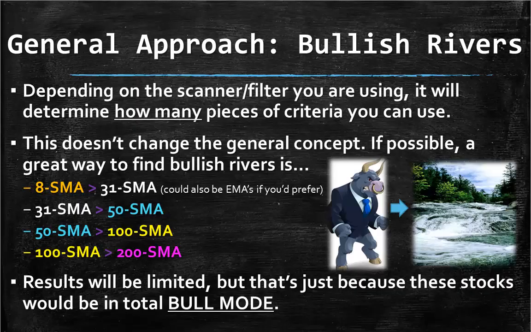I don't want you wasting time calling up customer service because you think your scanner's broken because you didn't get that many results. Now you can mold and modify it where maybe you sacrifice a few things and that's going to give you more results. But if you want to say, no, I only want to deal with powerful bullish rivers, and the moving averages need to meet these criteria, then hey, that's awesome.